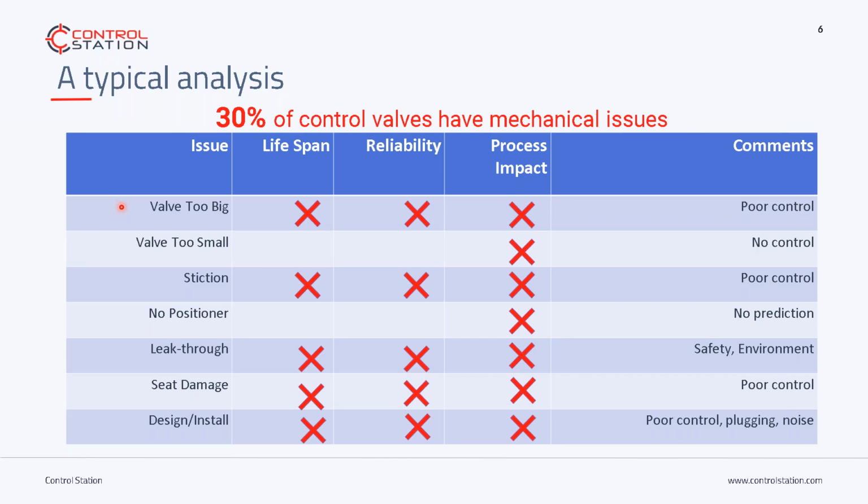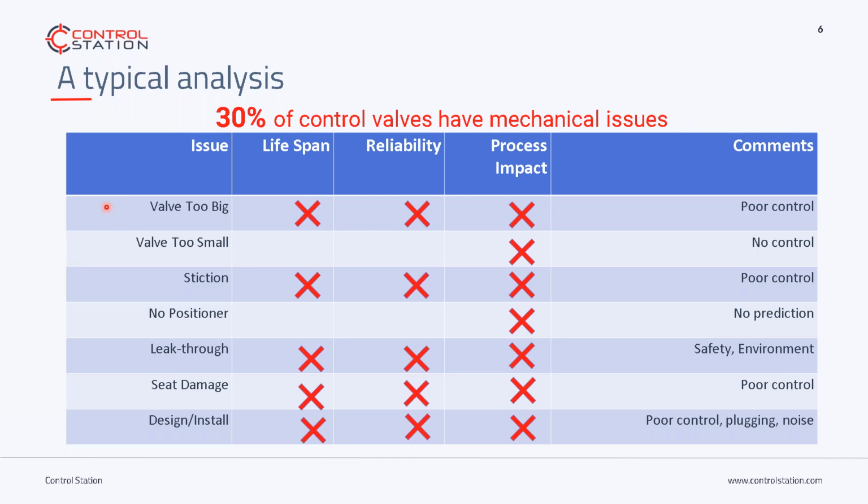In addition, when the valve is too big, you're going to affect the lifespan and the reliability of the valve. Anytime you have to work on a valve, especially when it comes to major repair or replacement, that's a big deal in a process plant.